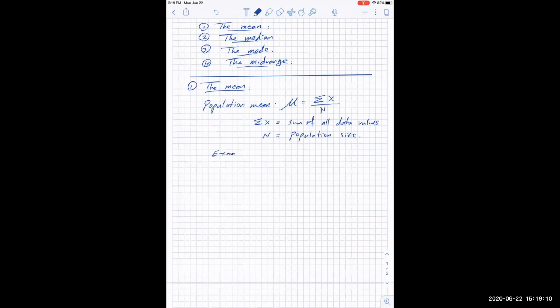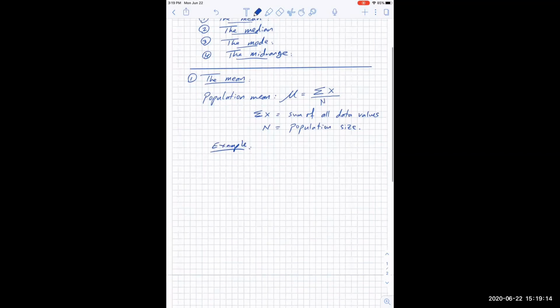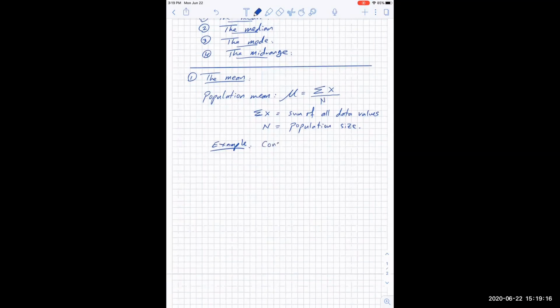Example. Consider the following population set.